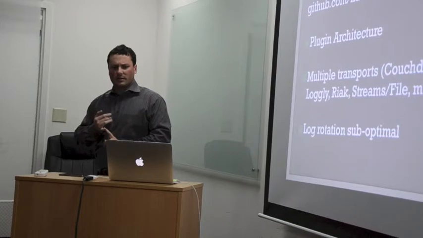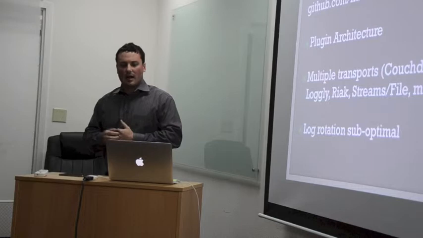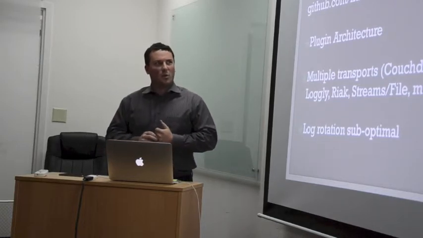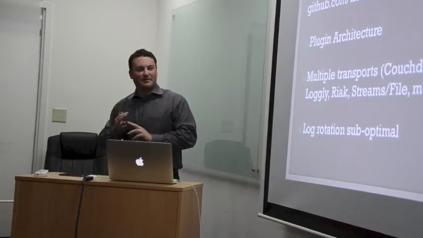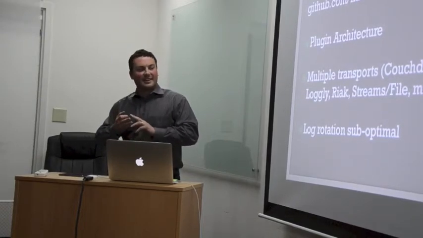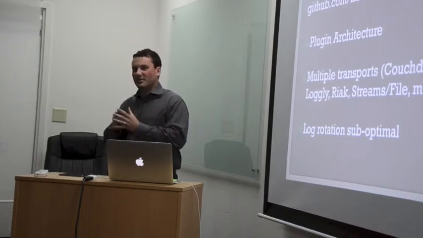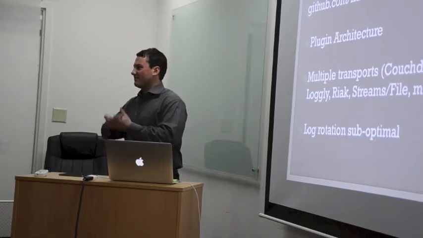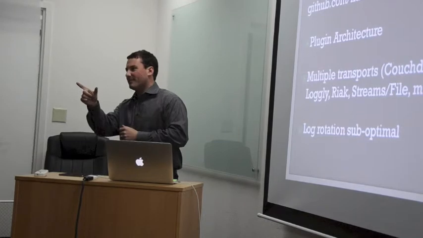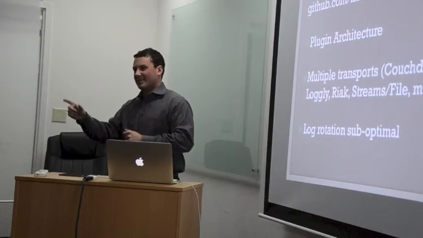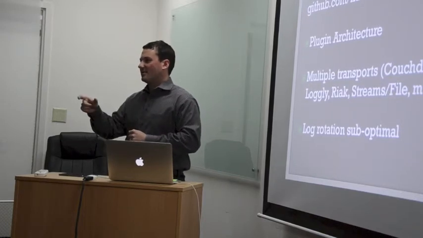We take advantage of Mongo and Loggly, streams and file, and mail that we are using now. My biggest qualm with Winston, well, not only is the build currently broken on NPM, and Nodejitsu isn't maintaining it, is the log rotation doesn't follow standard Linux log rotation. So normally in Linux, you log a file, file name, file name.0, file name.2, etc. The original file name is always the latest log messages.